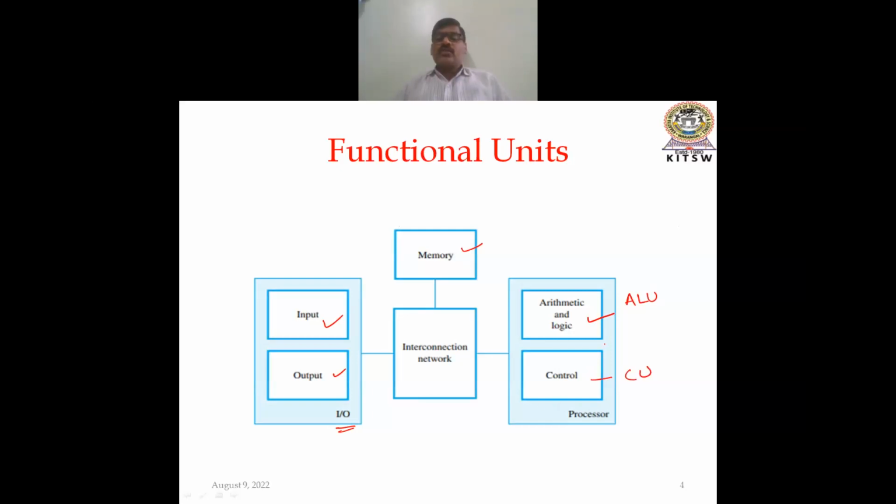And the ALU and control unit together we will call a processor. And the memory, the processor and the IO devices are connected through a network within the system. That is what we are calling the interconnection network.